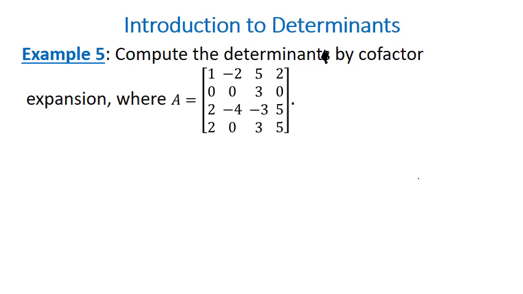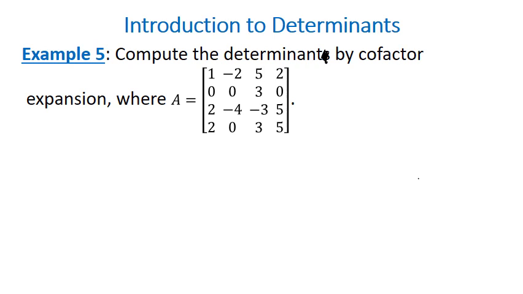So we see that this is a 4 by 4 matrix. So since this is a 4 by 4 matrix, we are going to use 3 by 3 submatrices. And this involves a little bit of work, but it's just a process that just continues.